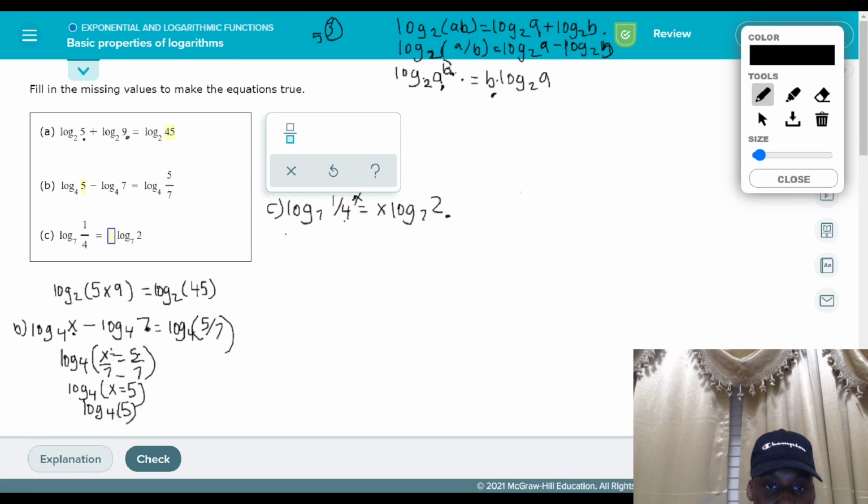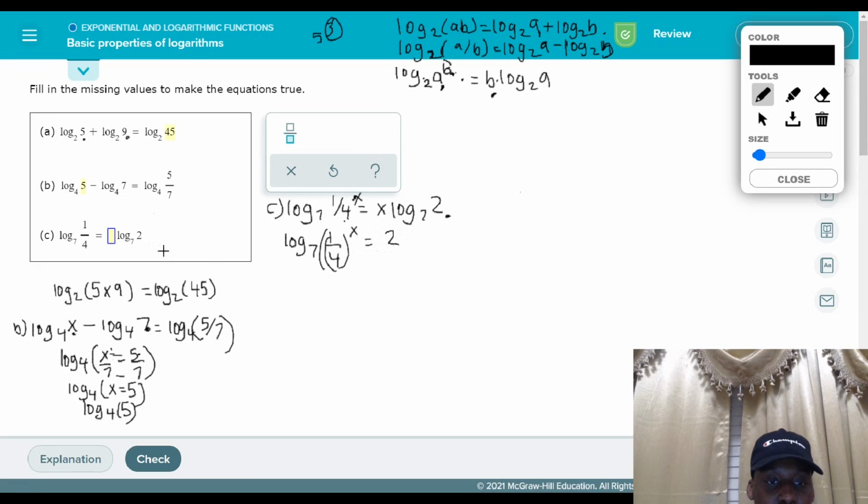I will come here and we'll say log 7 of 1 over 4 to the power x equals 2. So we ask ourselves, when I find the exponent of this number, what will give me 2?